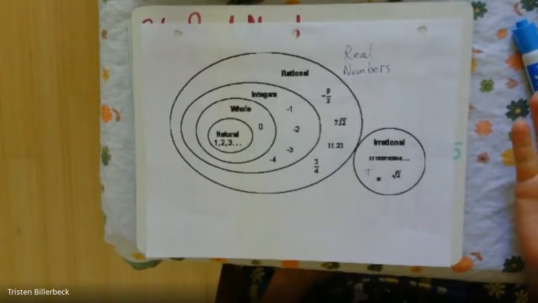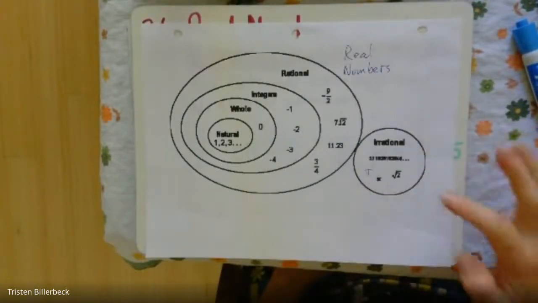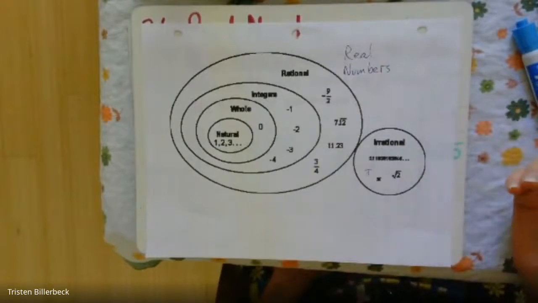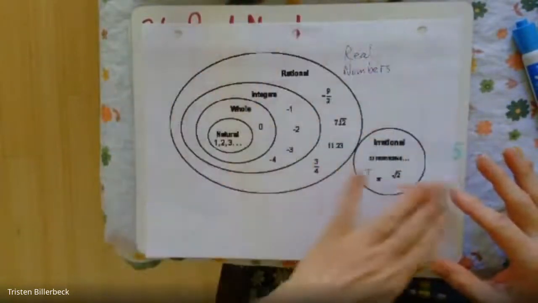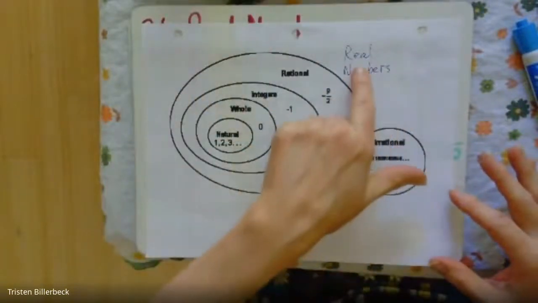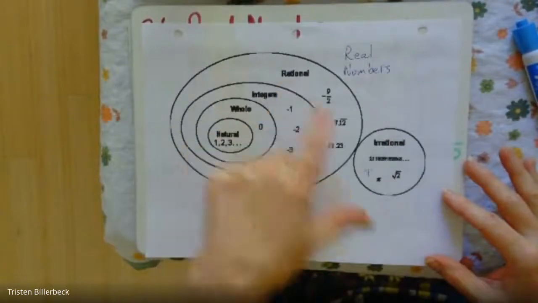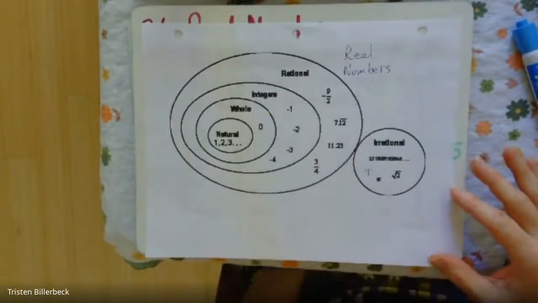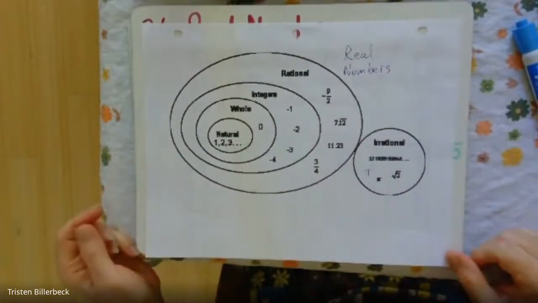Pi, of course, never ends. That's why it's irrational. The square root of 2 never ends. These are inside real numbers. So real numbers include rational and irrational number sets. This is called the number family.